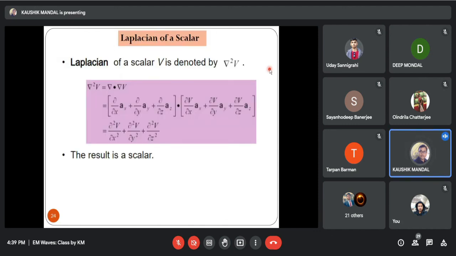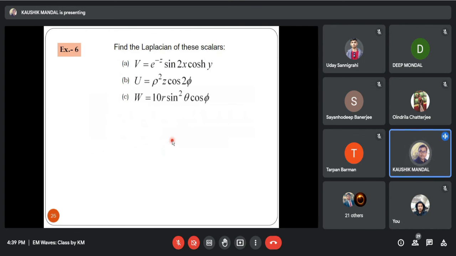Now these are just simple equations: del 2 V by del x square, del 2 V by del y square, and del 2 V by del z square. If the corresponding scalar quantity is given, you have to find the corresponding Laplacian. So for the following scalars, you need to find the Laplacians.